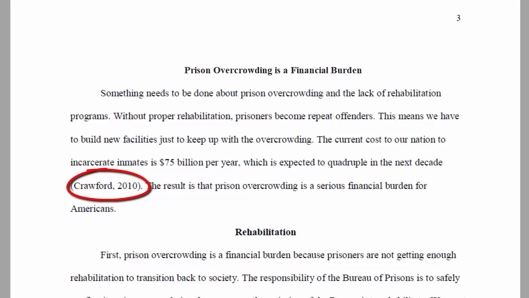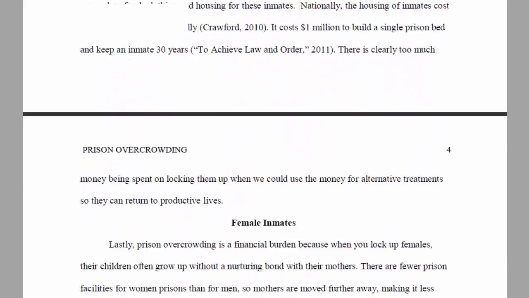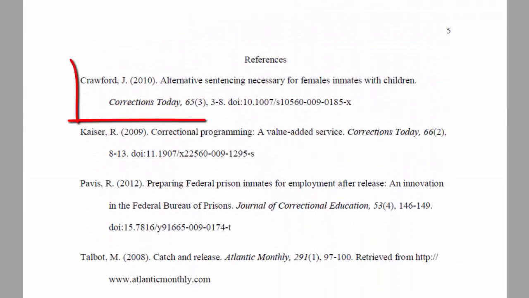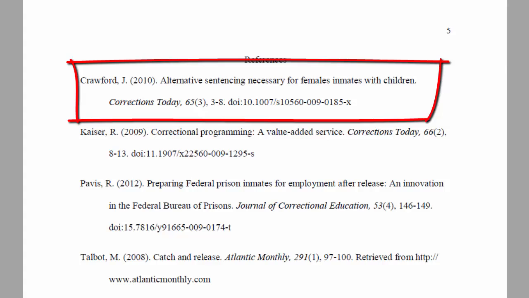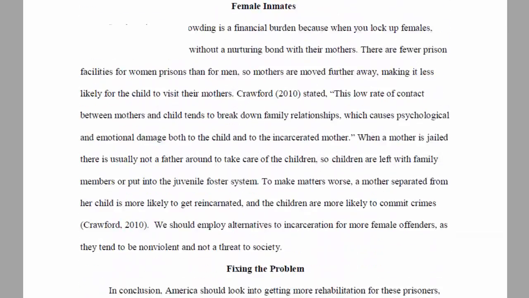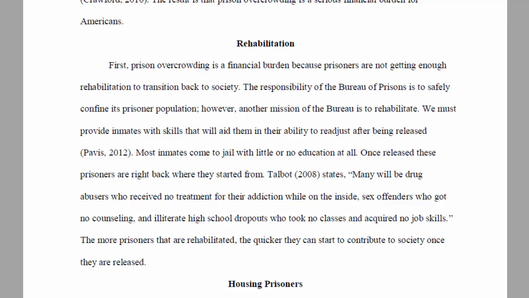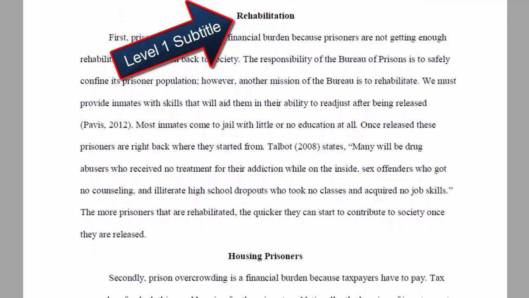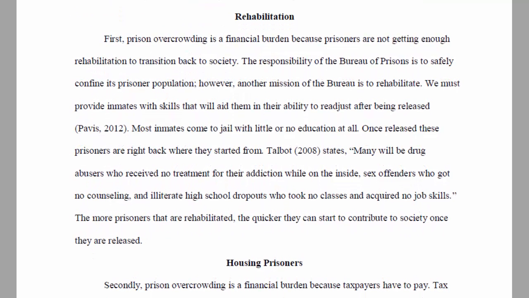And this in-text citation, Crawford 2010, refers to the full reference citation on the references page at the end of the paper.